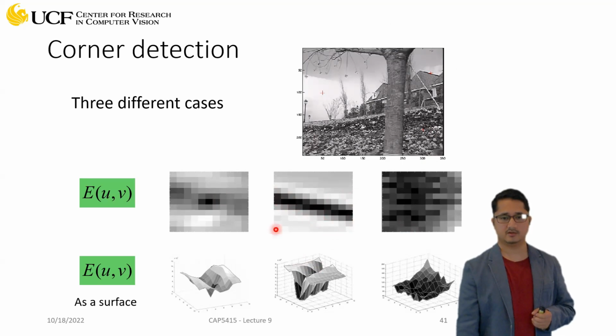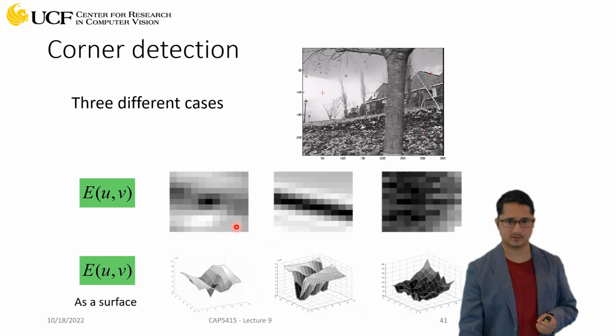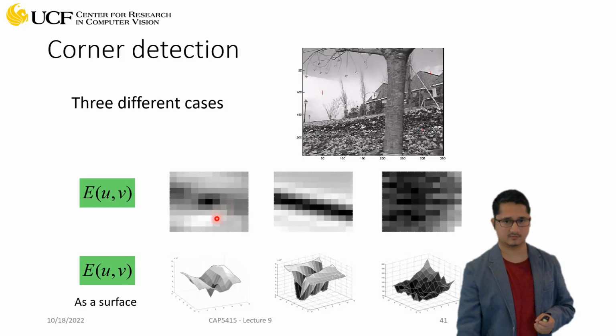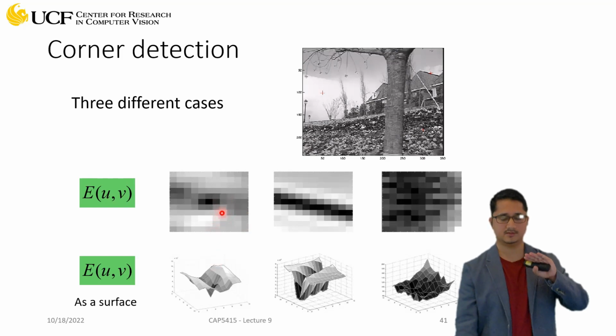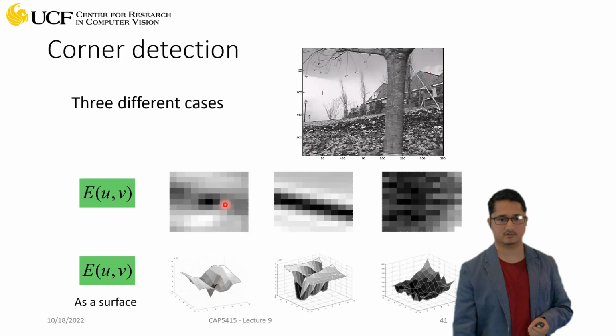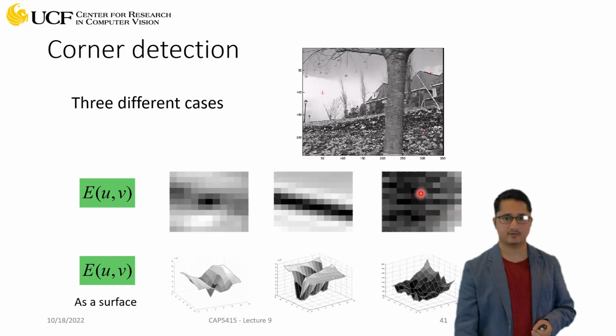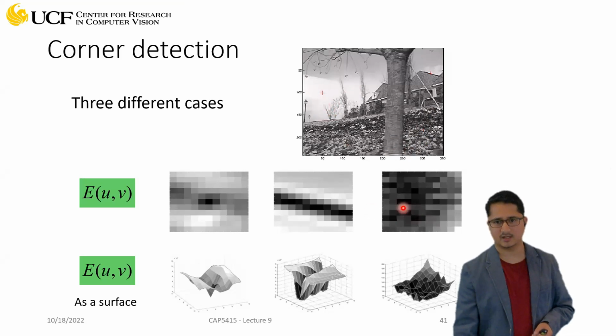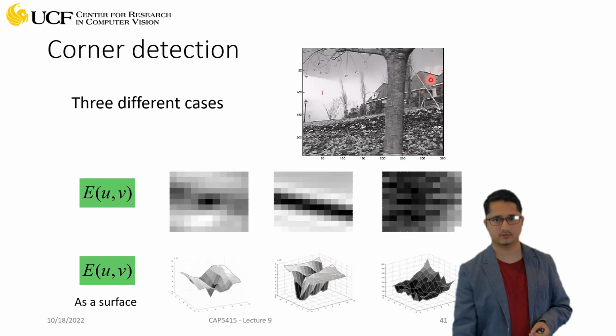Okay, so what's happening here? And again, these plots are just surface plots for the same response. Okay, it's just instead of a 2D plot, you're creating a 3D plot of that. So this kind of response you will get from maybe the clouds, right? Because it's perfectly smooth and it's not changing a lot. And this kind of response you will get from the edge, which is on top of the roof.